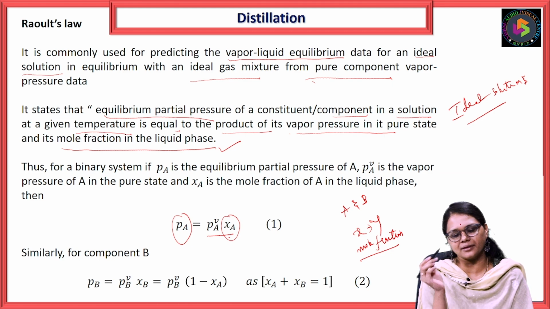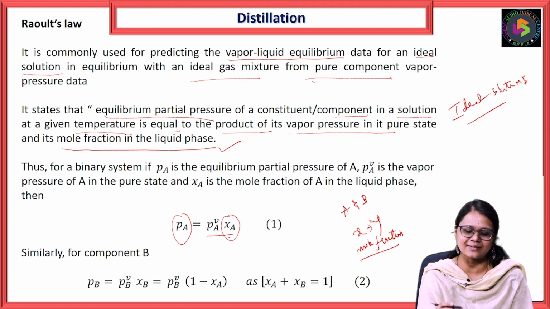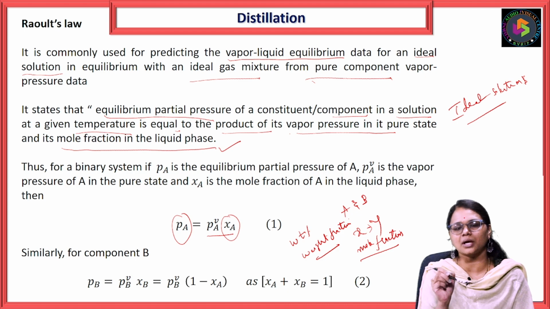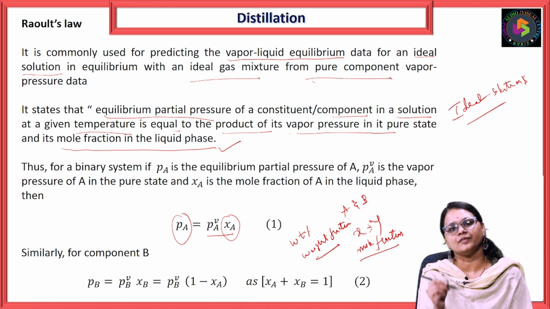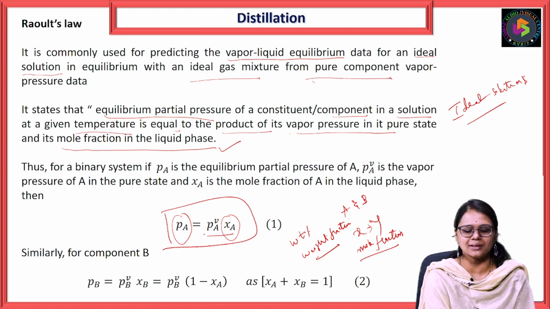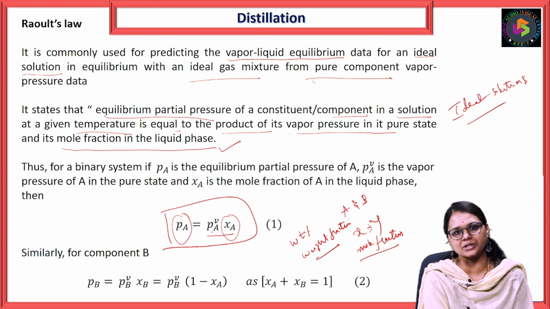If the composition in your system is given in weight percentage or weight fraction, then you have to convert that into mole fraction. Then only you can use this formula. Simple formula: partial pressure is equal to vapor pressure into mole fraction of the component in the liquid phase.